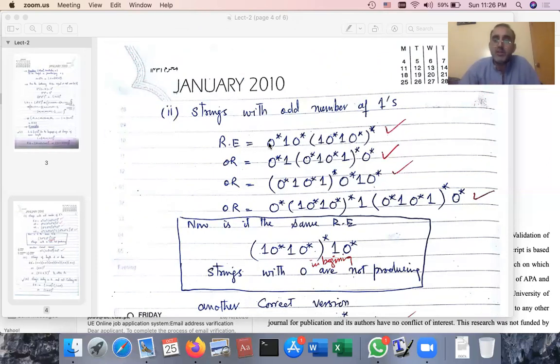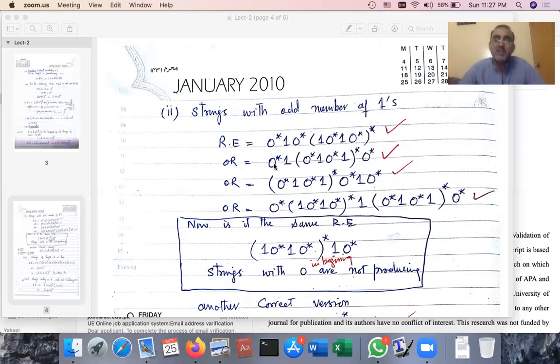If this regular expression is not correct, then only one string, which is a valid string but is not produced by this regular expression, can deny it, showing that this regular expression is false for that language. Only one example. This is called a counter example that we have seen in lecture 1.